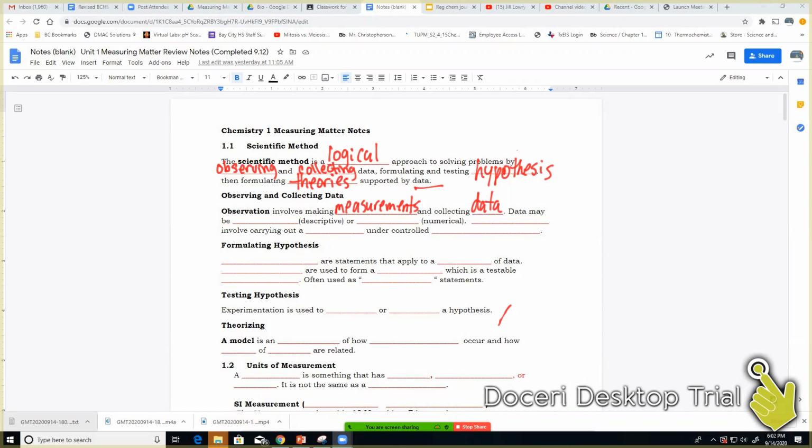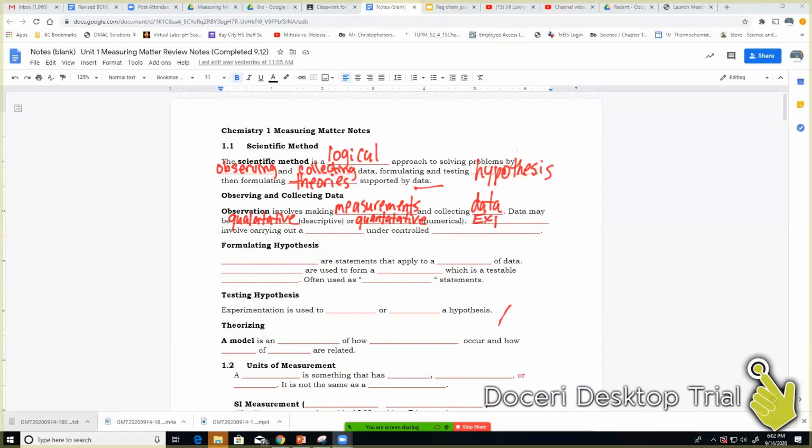Data may be qualitative or quantitative. Qualitative would mean it would be descriptive, like it's blue or red. Quantitative means it would be some kind of measurement. It would have a number attached to it.